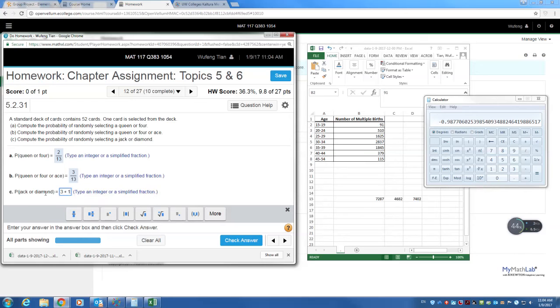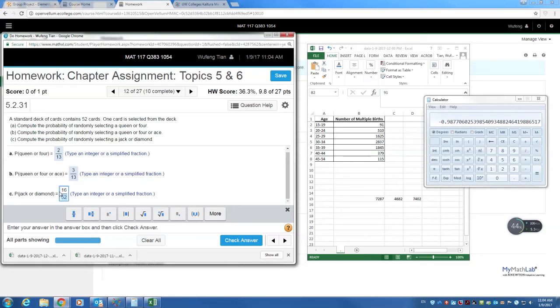So it's 3 plus 13, because these 13 cards already include the diamond jack, so 16 out of 52. If you use 4 plus 13, you have to subtract the diamond jack, because it has been counted twice. Reduced by 4, it is 4 out of 13.